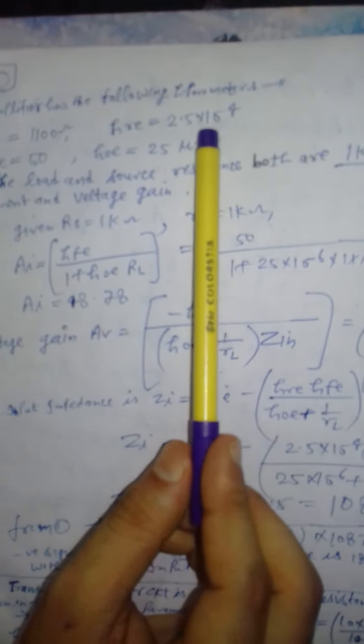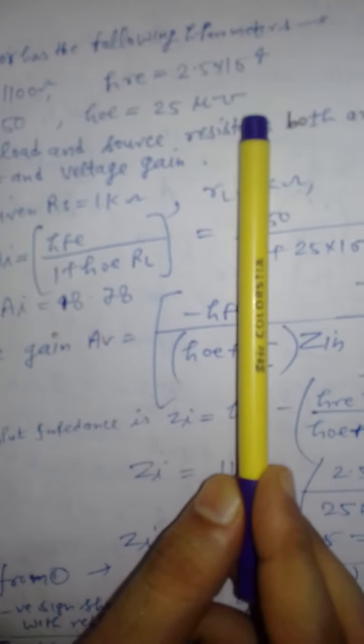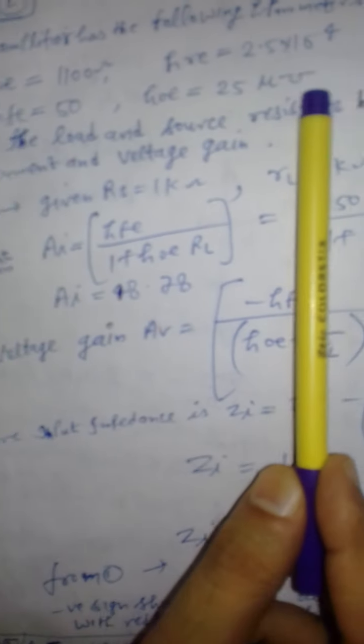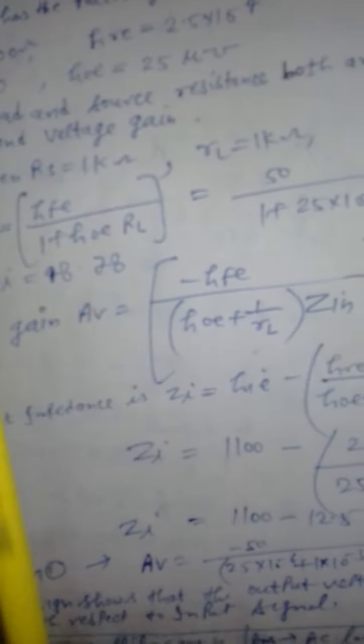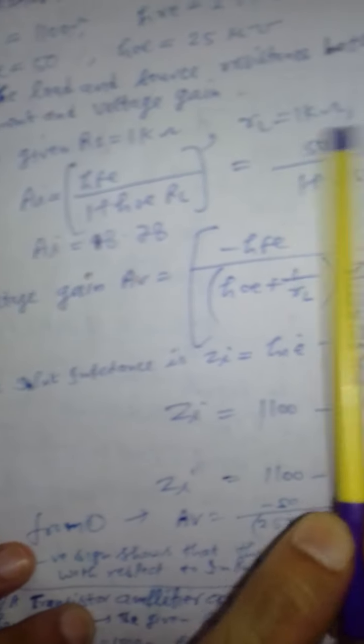Hre is given as 2.5 into 10 to the power minus 3. Hfe is 50, Hoe is 25 micro mho. If the load and the source resistance both are 1 kilo ohm, then find out the current and voltage gain. So source resistance Rs is 1 kilo ohm as well as load resistance is 1 kilo ohm.